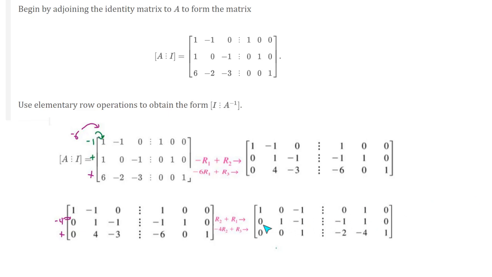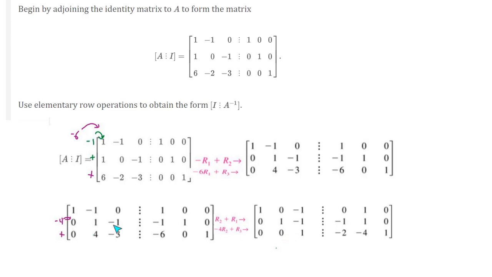We're not changing it. And now for the third row, we want to make this 4 a 0. So in order to make it a 0, I'm going to multiply by -4. -4 times 0 is 0, plus 0 is 0. And -4 times 1 is -4, plus 4 gives me a 0 here.